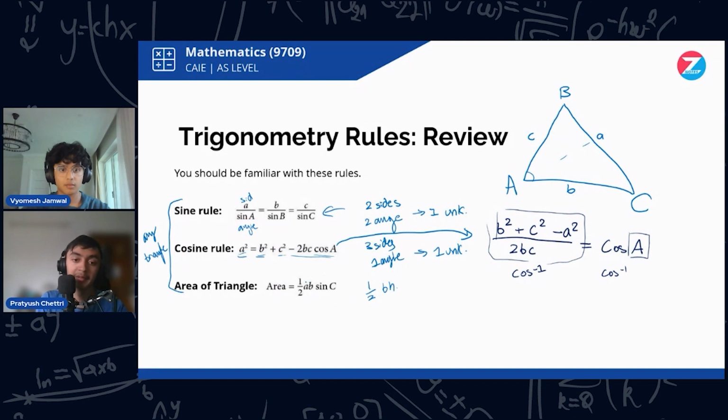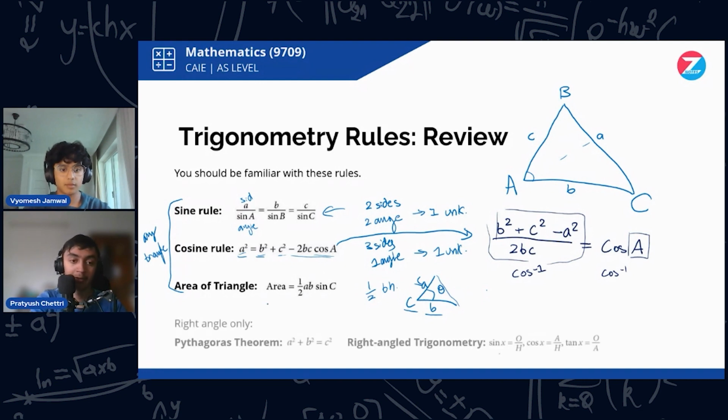But instead of BH, if you have sides A, B and the angle between them, angle C, what's the area of the triangle? Well, it's just side A times side B times sine of angle C times half. This should all be review, so you should have already covered these.